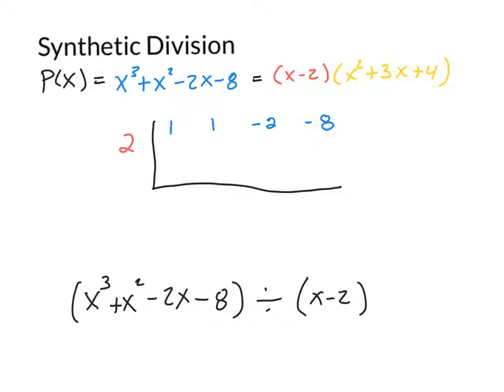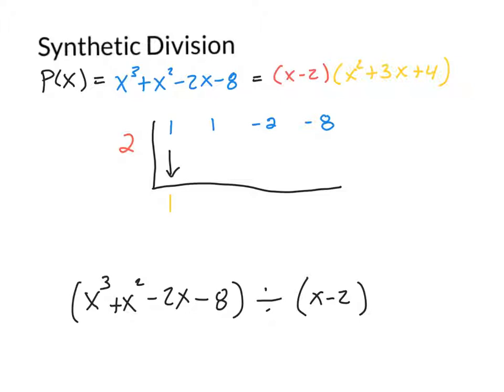Okay, so the process goes something like this. What we're going to do is we're not going to do any subtractions. Everything is a multiplication or an addition. So step 1 is to take this 1 and bring it down front. Okay, so I take this 1, I bring it down front, and I put it right here. All right, so that's a 1. So the next thing that I do is I do 2 times 1.